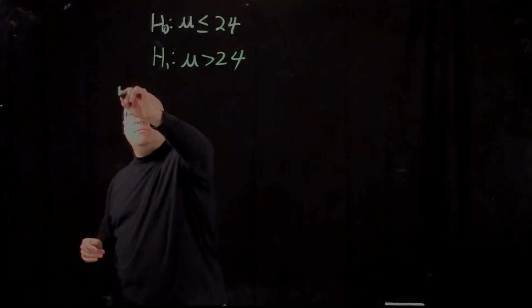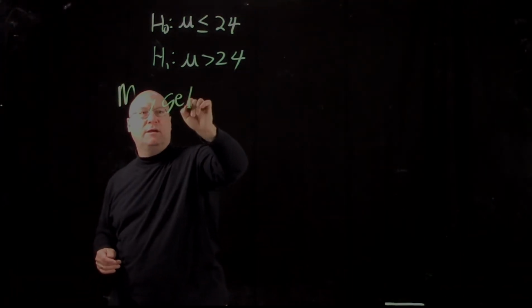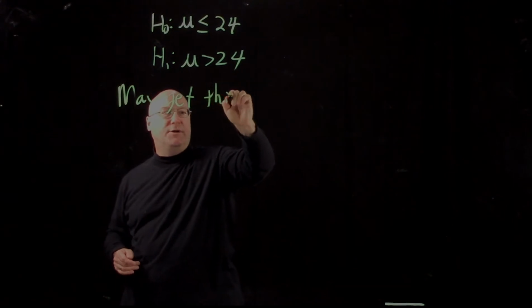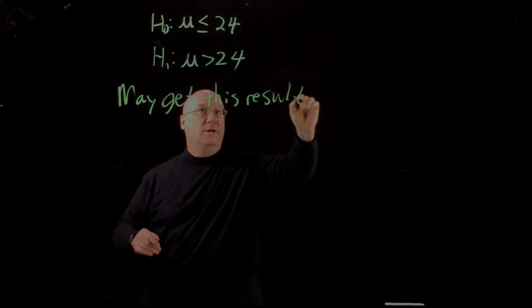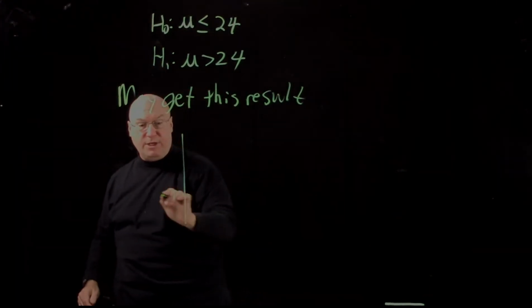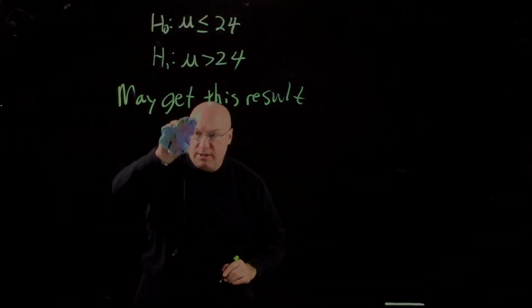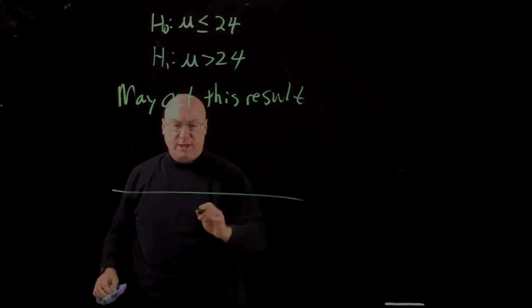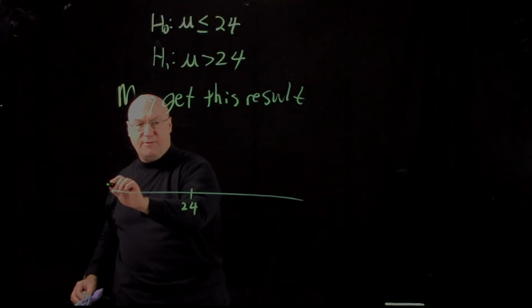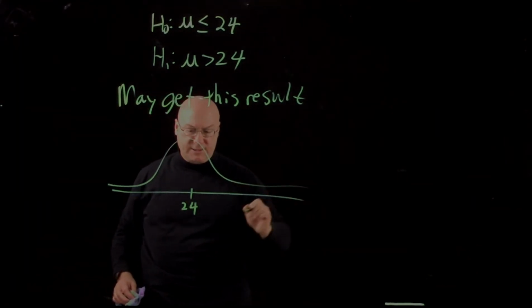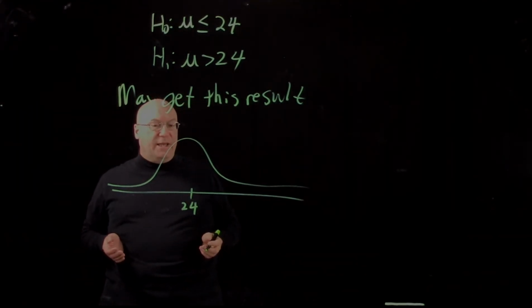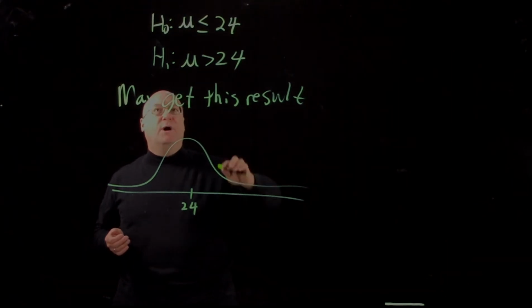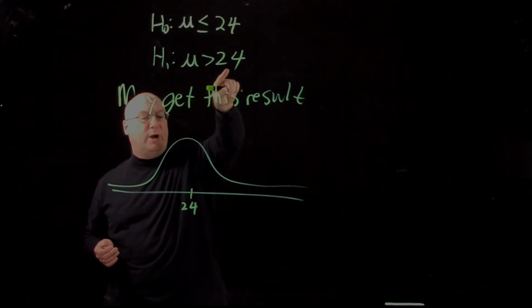So you may get this result. Testing this right here. So we have our 24 here, and we have our curve like this. Now maybe what we get is for x bar, the alternative hypothesis is mu greater than 24.